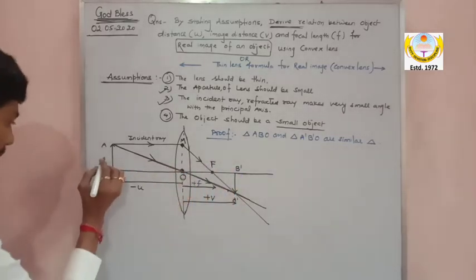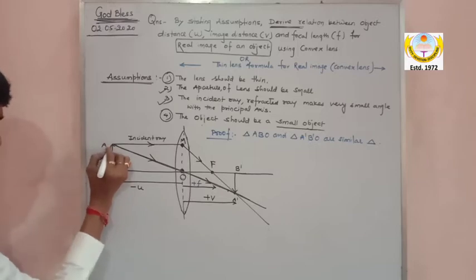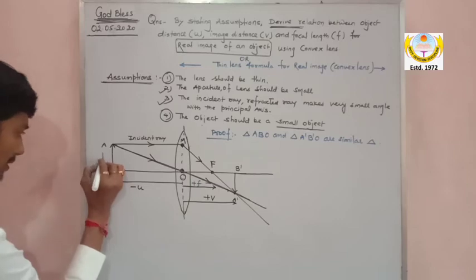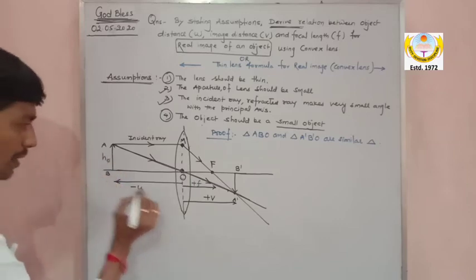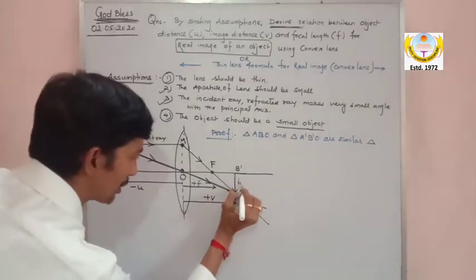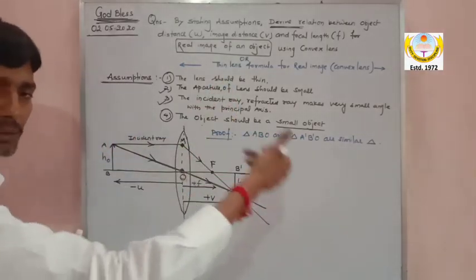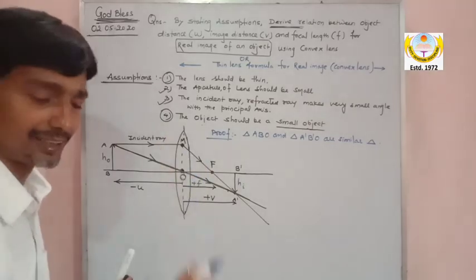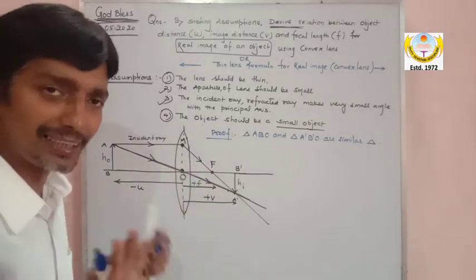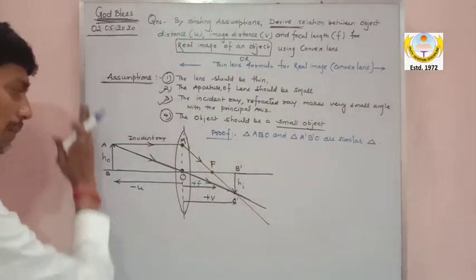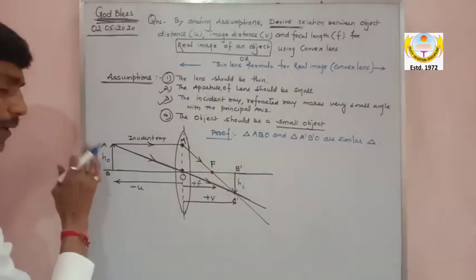Now, my dear, let the height of the object be HO, and let the height or size of the image be HI. No doubt it is inverted, so while substituting I will put it as minus, but right now I have written just HI. Because it is inverted I will put it as minus, whereas the object is always vertically upward, so it will always be plus.